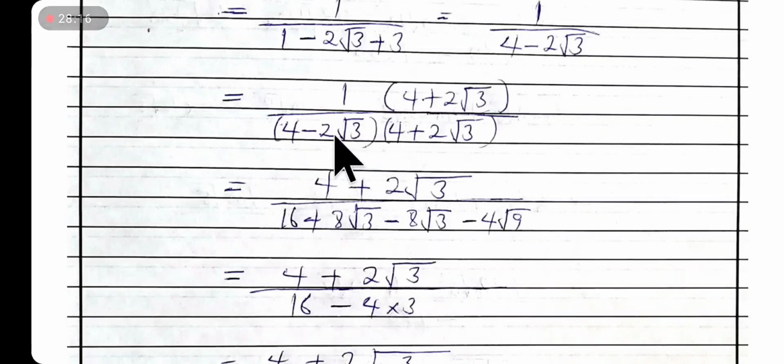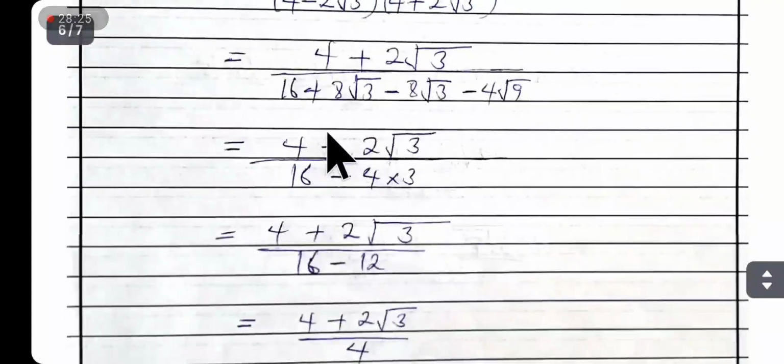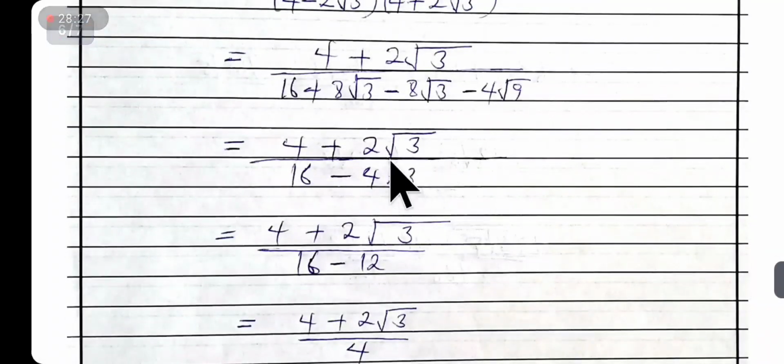Then we have 2 times this 2 is this 4. Then root 3 times root 3 is root 9. Okay, so we have 4 plus 2 root 3, which is in the numerator. We discover that this is 16. So we bring the 16 down. We have 8 root 3 minus 8 root 3 is 0 already. So minus this 4 is what we bring down here. Square root of 9 is 3.